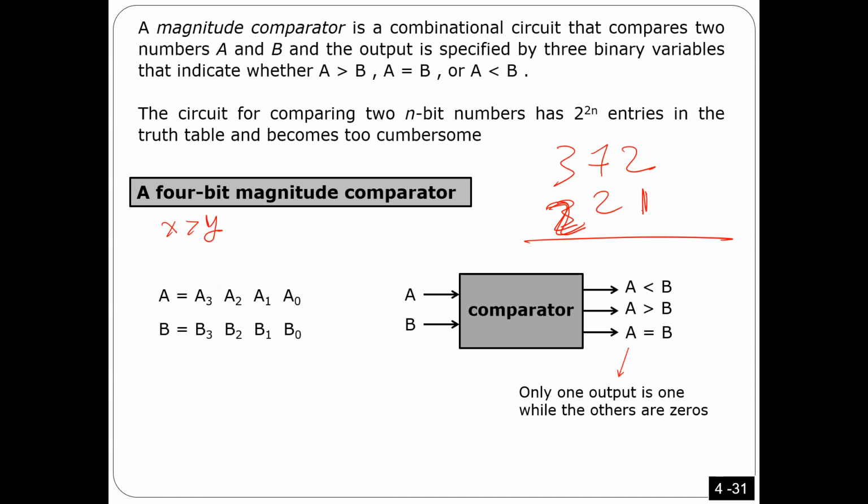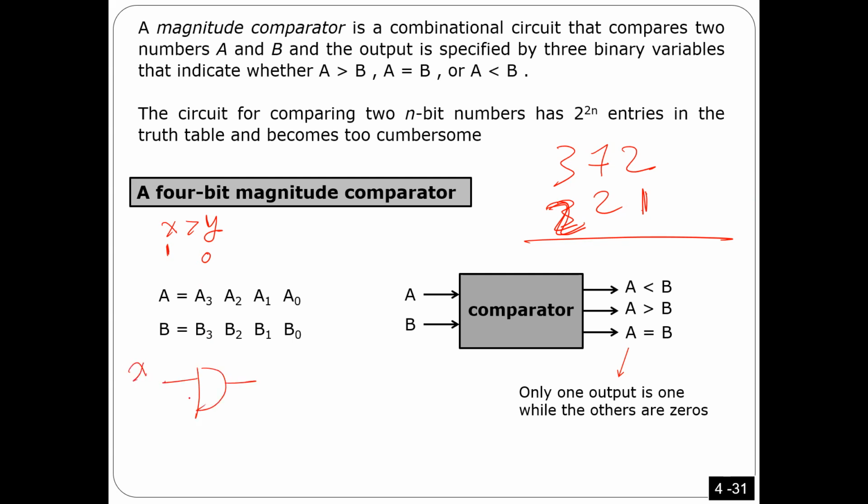Any guess? What does it mean for a bit to be greater than a bit? It means this one is 1 and this one is 0. There is no other option. Bit X is greater than bit Y only if X is 1 and Y is 0. Do you have any other case? No, this is the only case, right? So how can I know if X is greater than Y? Very simple. All I'm gonna do is AND.